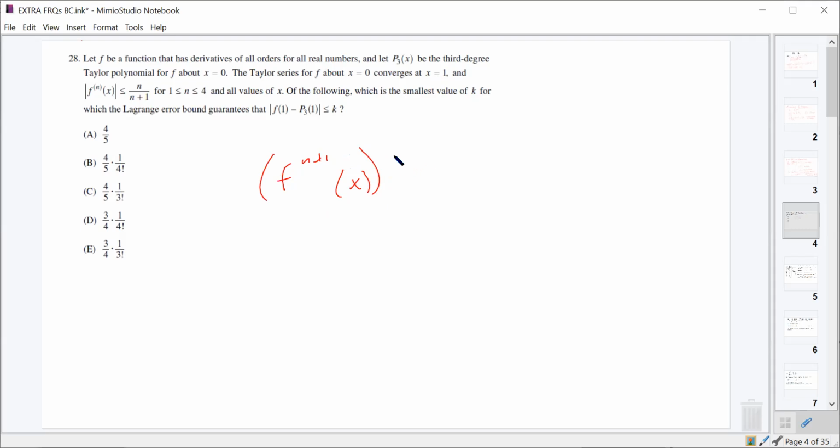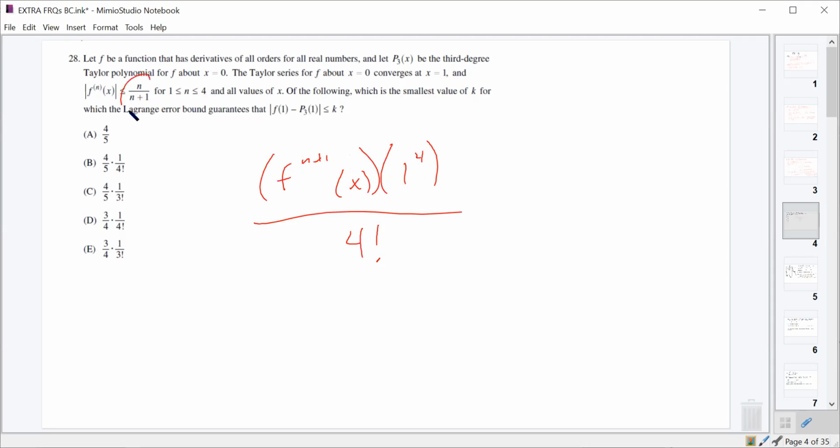And then times 1 to the 4th over 4 factorial, since we're doing third degree. And since we're talking about values between 1 and 4, let's find the largest value this can come out to be.